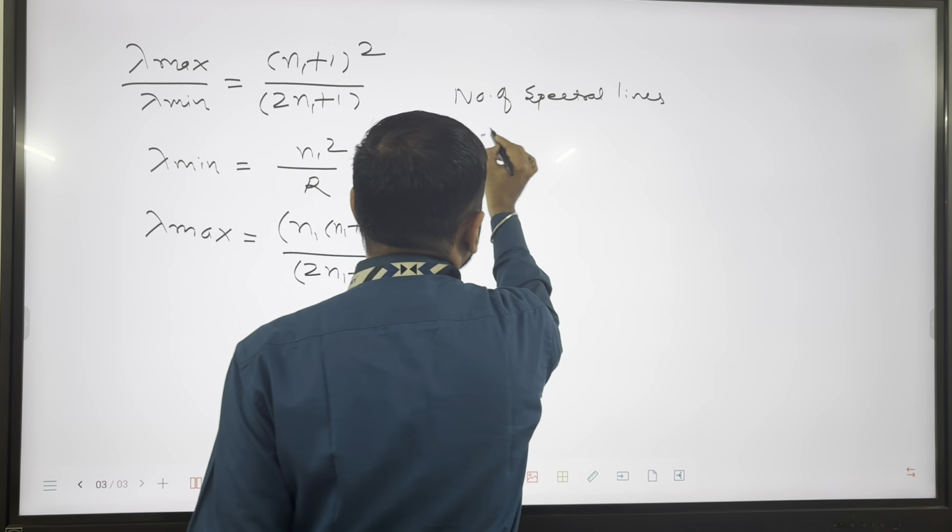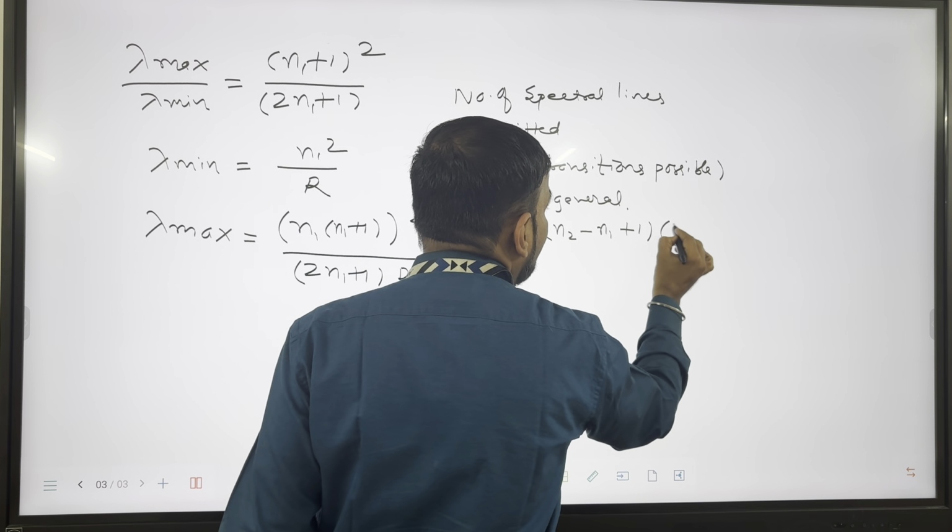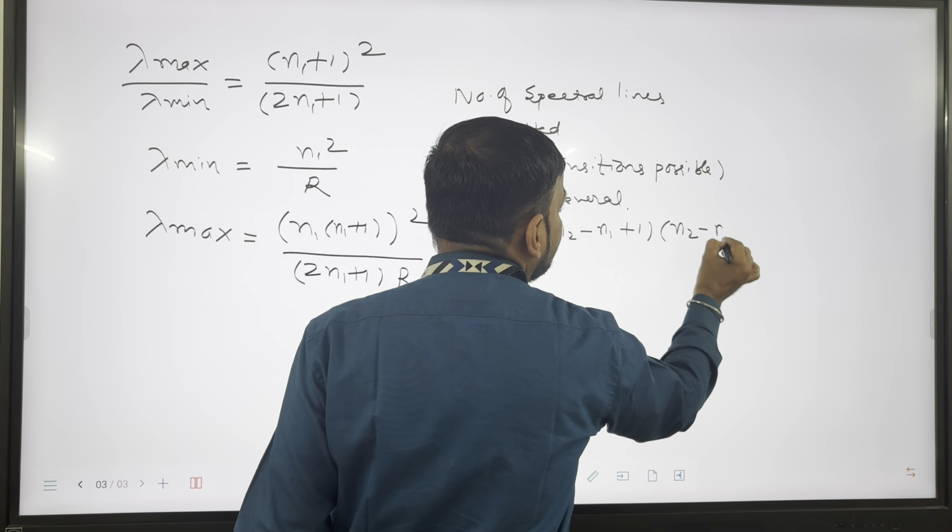So I am discussing first of all in general. In general, this is NE, emitted lines number, N for number, you may use capital N also. So NE is equal to (n2 minus n1 plus 1) in bracket, times (n2 minus n1) upon 2. This is the formula. No matter from what orbit it will jump to what orbit, that doesn't matter, right?